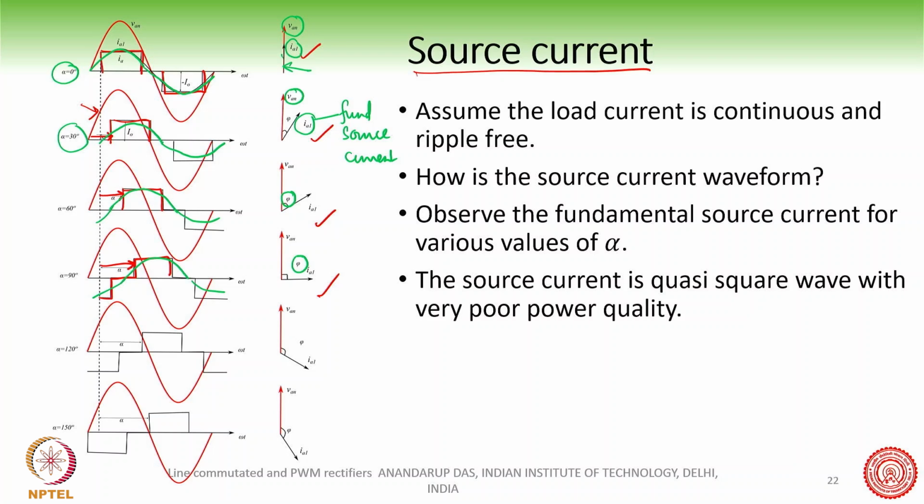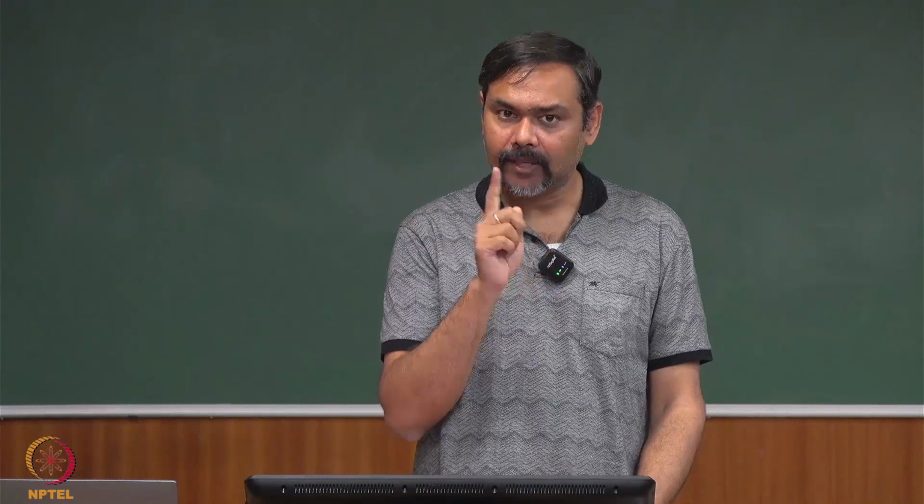This is one of the biggest problems of these thyristor bridge rectifiers. As you change the firing angle, it gives great flexibility, because you can get a nice variable output voltage. But what happens at the input is very problematic.